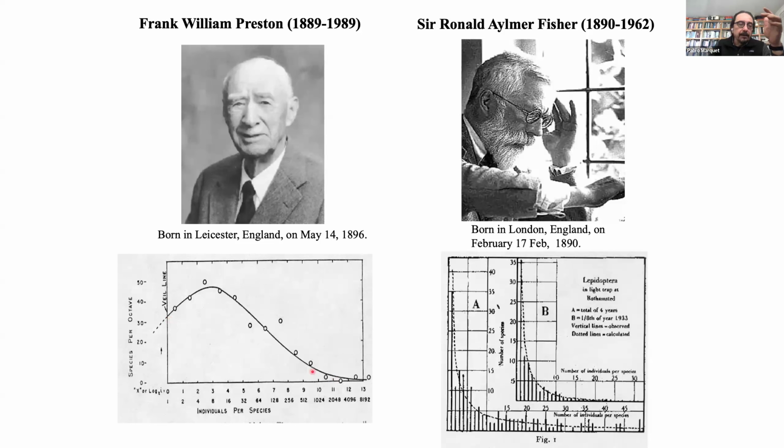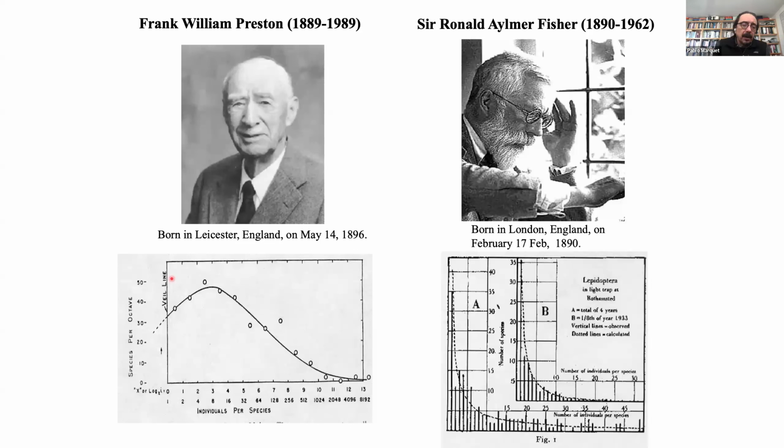But he never was able to find a complete, symmetric normal, but there was what he called the veil line. And he said, well, this veil line is just something that forbids us from capturing all the most rare species because we don't sample enough.